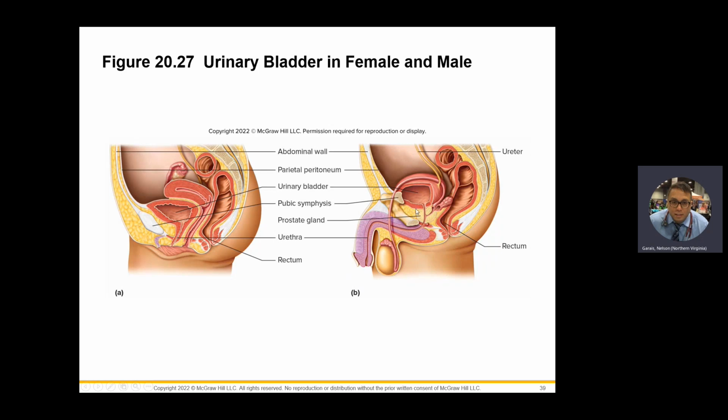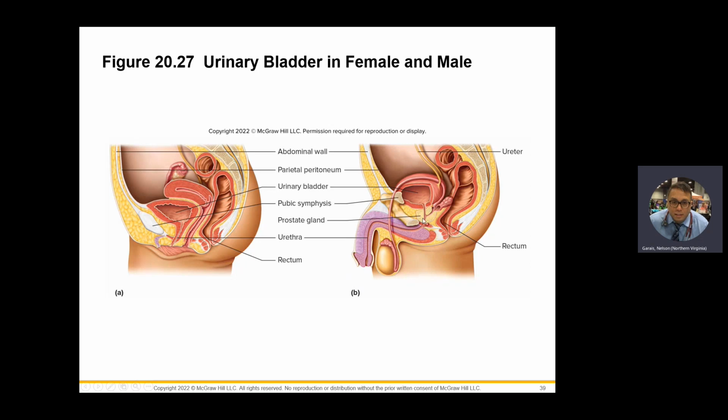Now, with the male, the other difference here is males have the prostate gland right here. And the prostate gland, when there's ejaculation and there's fluid, the sperm, there's cells. They have to have something to swim in. So the prostate gland provides that liquid medium for the sperm to swim in.